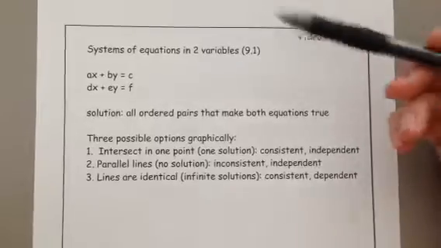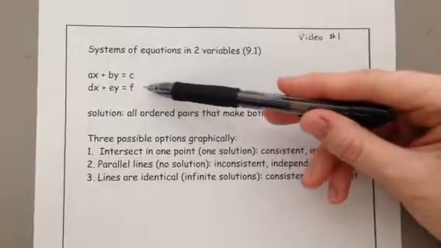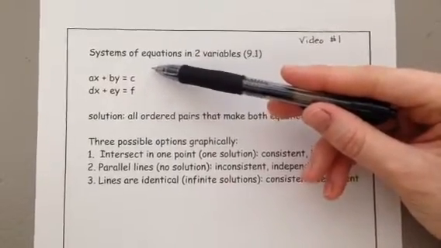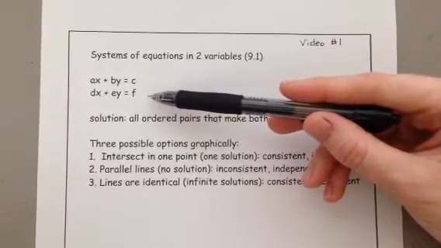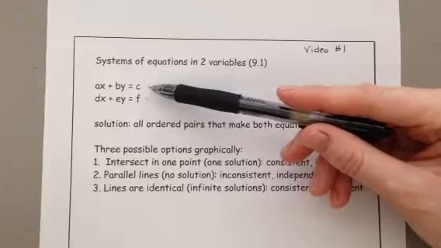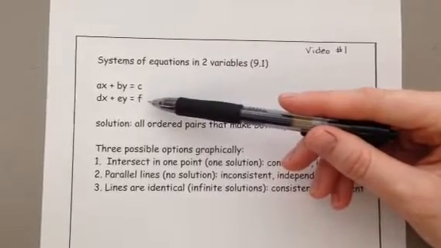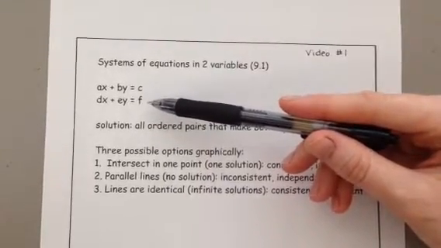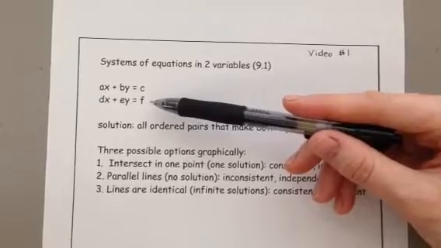A linear system is defined as follows. It's a system with at least two lines. It can have more than that. But this system we see here, notice both lines are in standard form, and the x and the y are our variables.